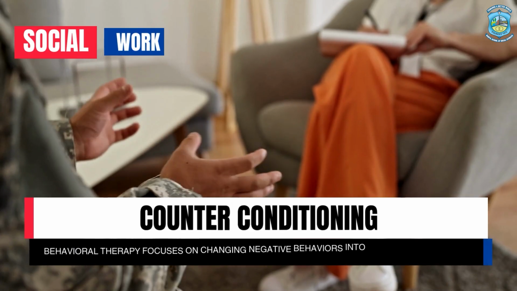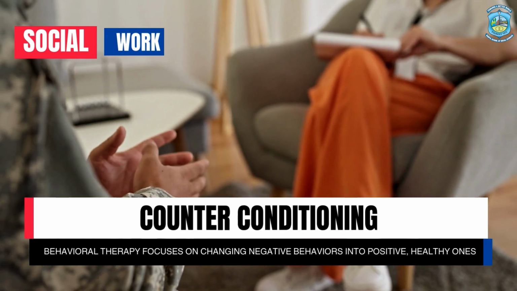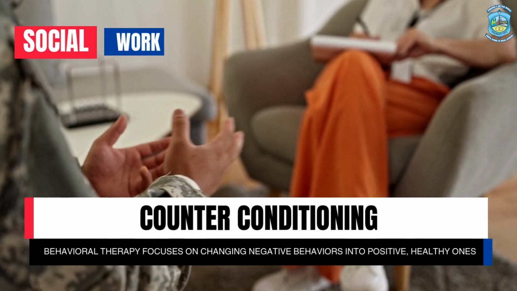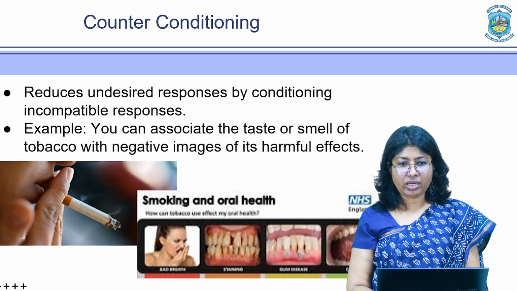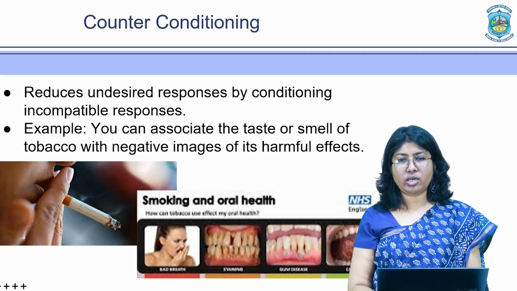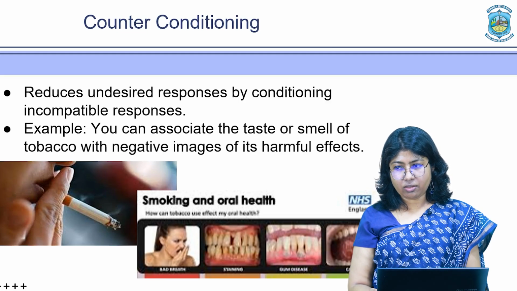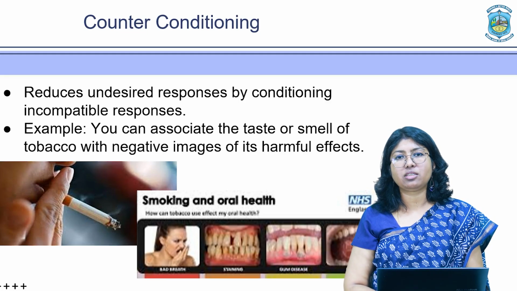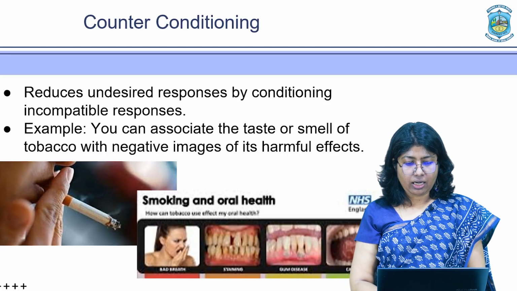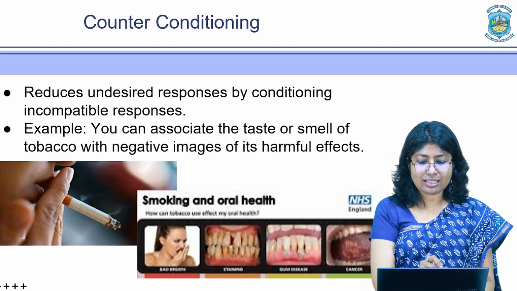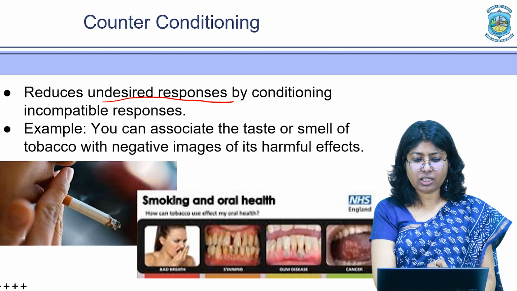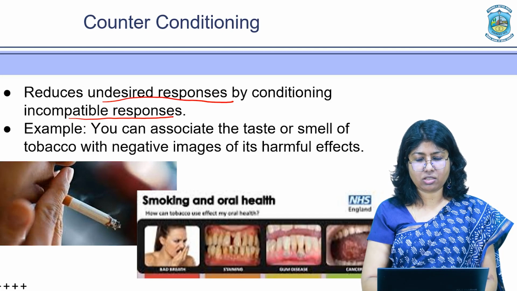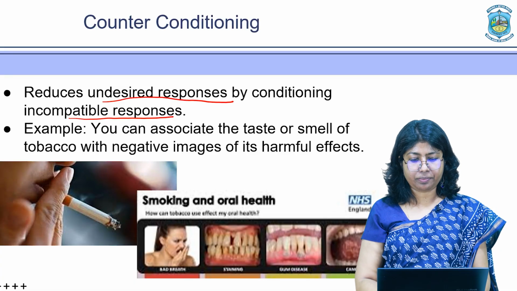Now, in behavior modification, there is another thing which is important, that is counter conditioning. So counter conditioning is whereby you are training your mind to associate the ill effect of something with the actions that you do. And what's expected out of it is the reduction in the undesired responses by conditioning incompatible responses. So the things that don't go together.